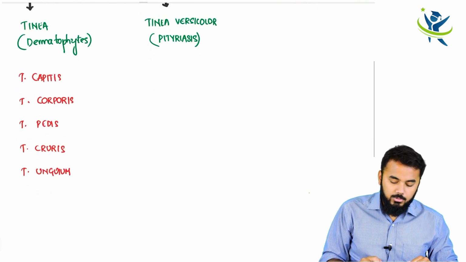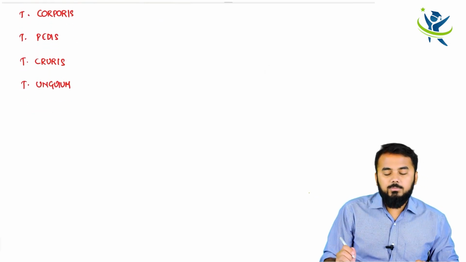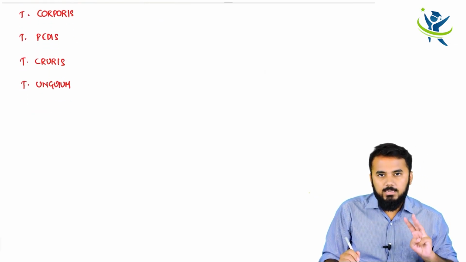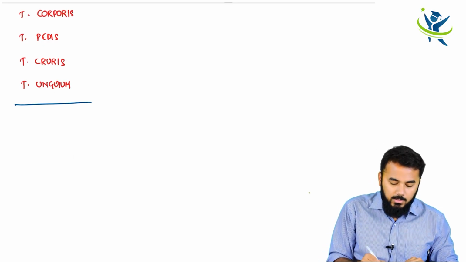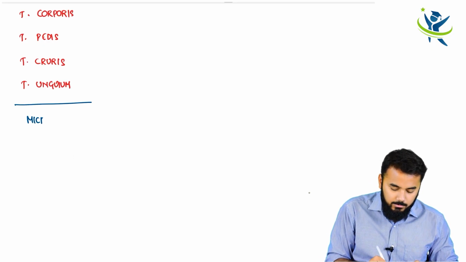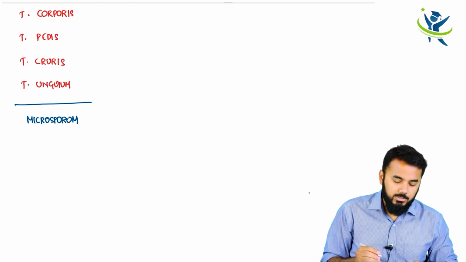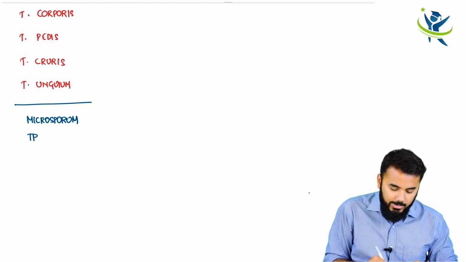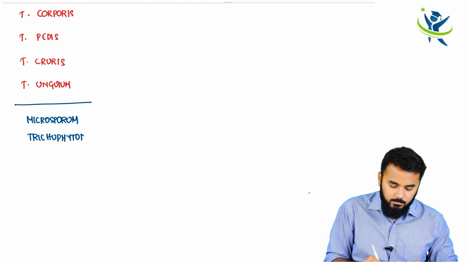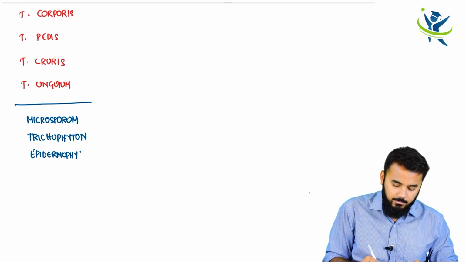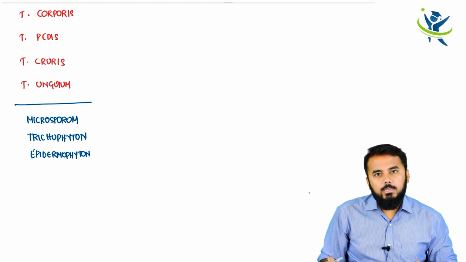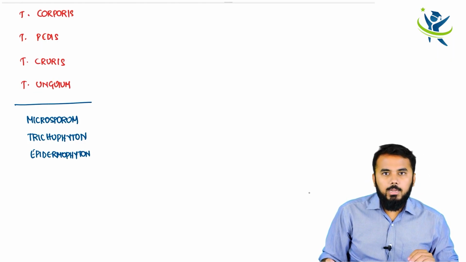Now, what are dermatophytes basically? There are three groups of dermatophytes: Microsporum species, Trichophyton, and Epidermophyton.